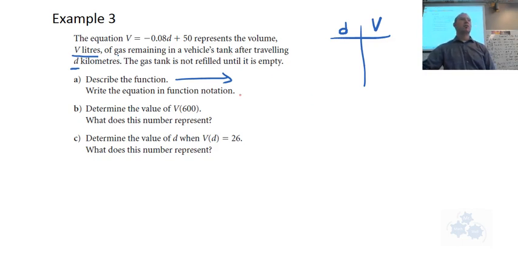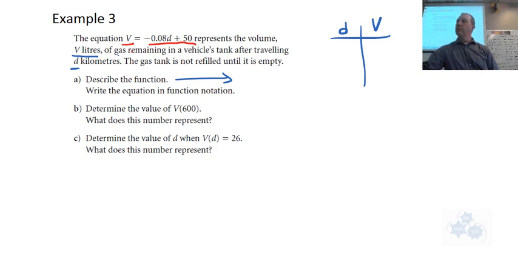How would I write this in function notation? Anyone? What would have to change? Would I have to change something over here? No. Would I have to change something over here? What's different in function notation?